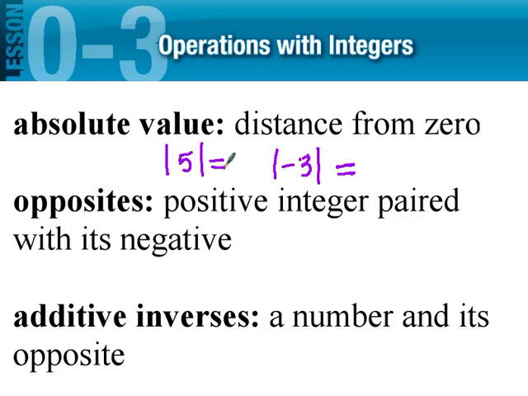So opposites, that is a positive integer paired with its negative. An example of opposite would be 5, negative 5. Another opposite would be 3, negative 3. And then additive inverse, a number and its opposite.